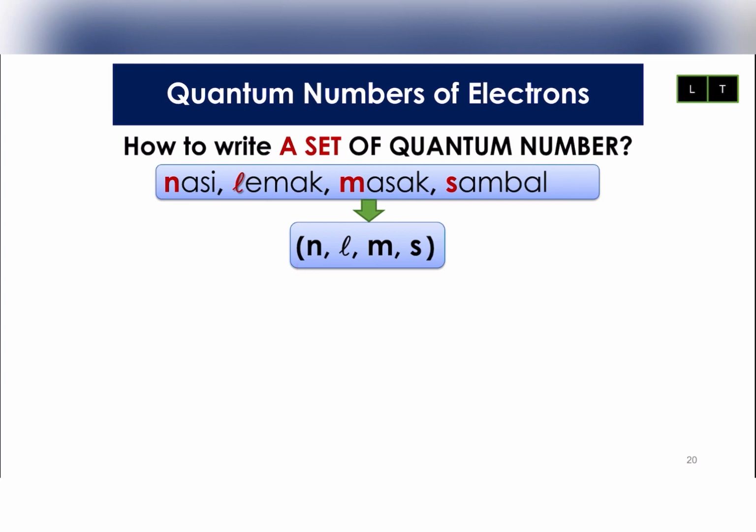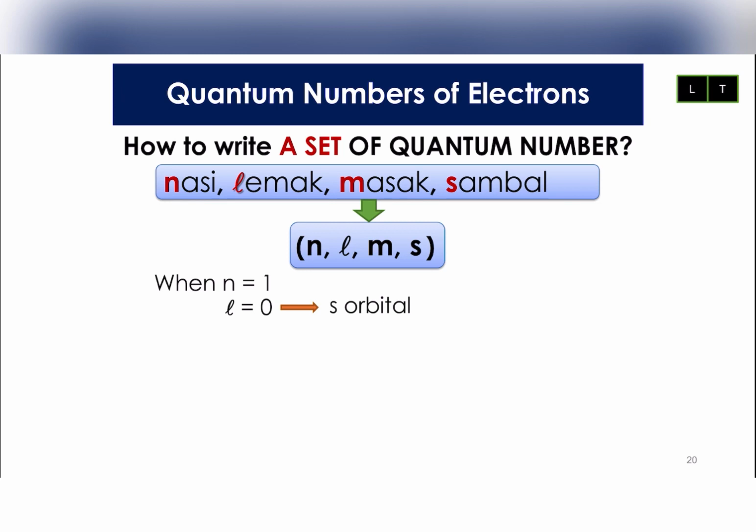If I have the first energy level, when n equals 1, my l value depends on n and should be less than n. So the l value is 0 only. Based on the l value we can determine the shape of the orbital, which is the s orbital.